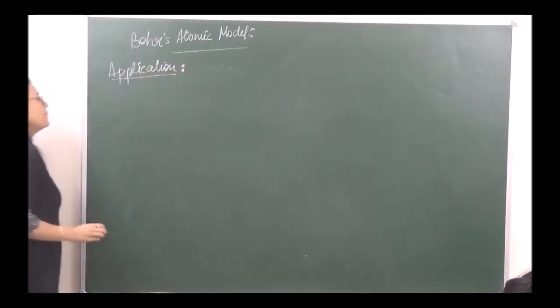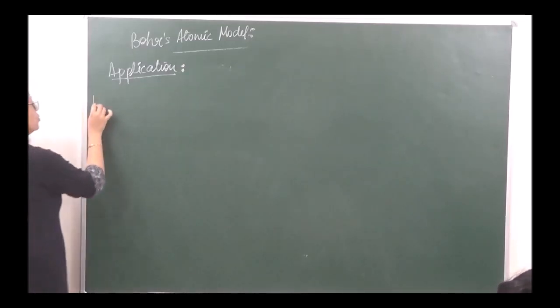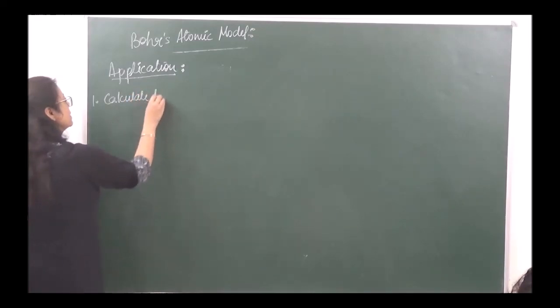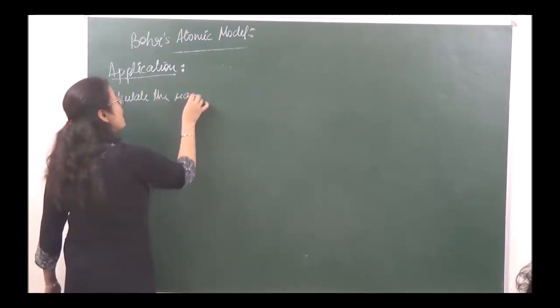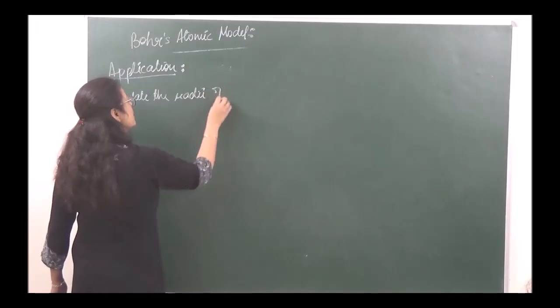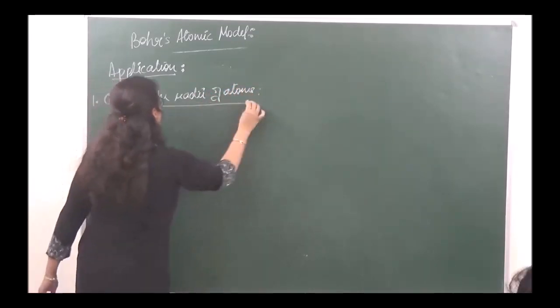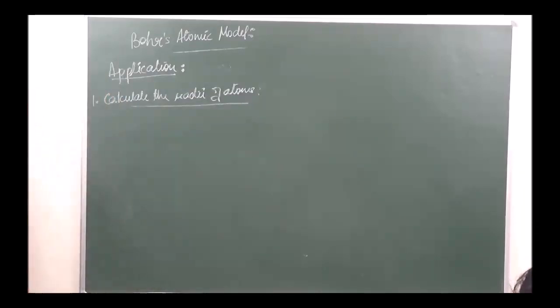Bohr's atomic model helped us to calculate the radii of atoms.